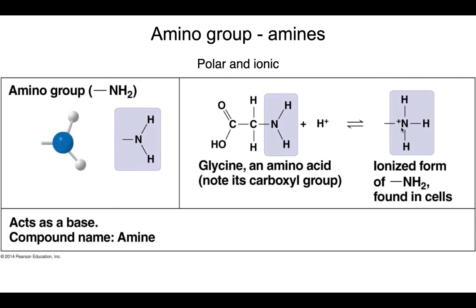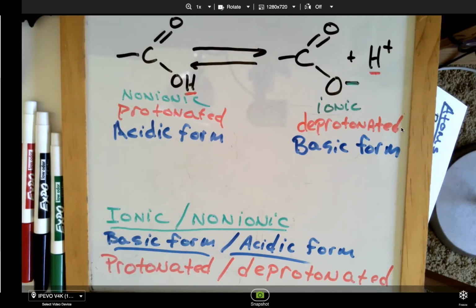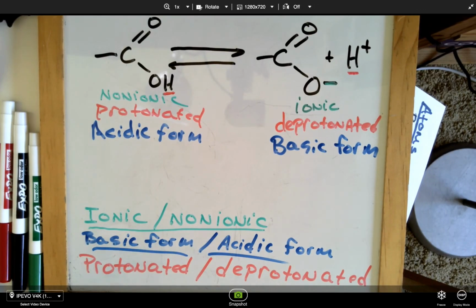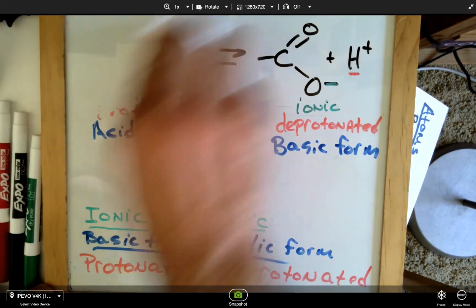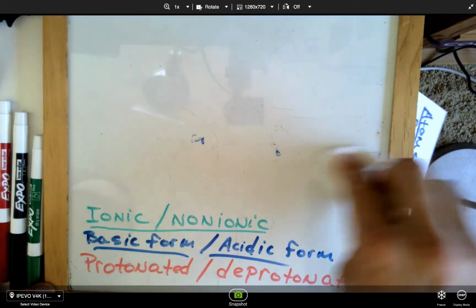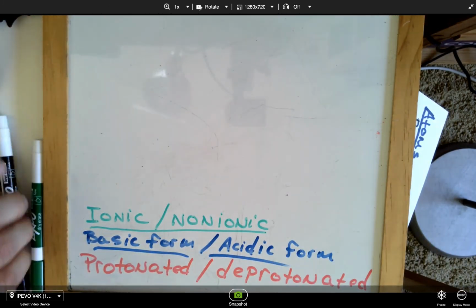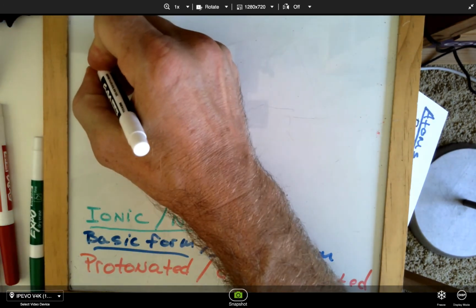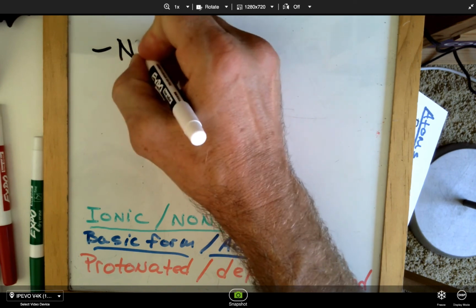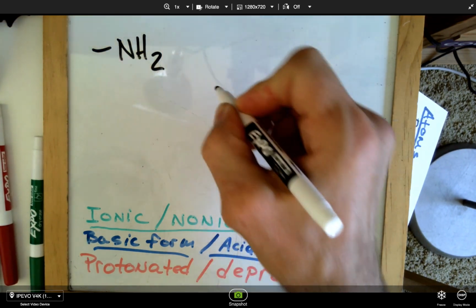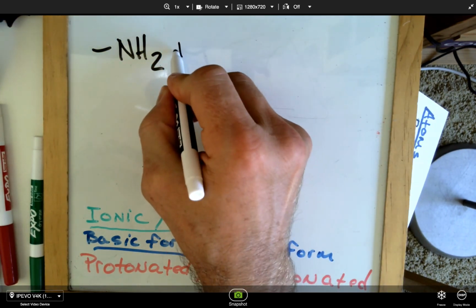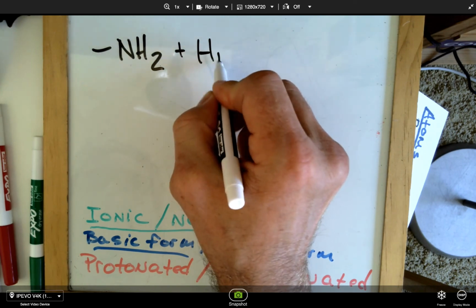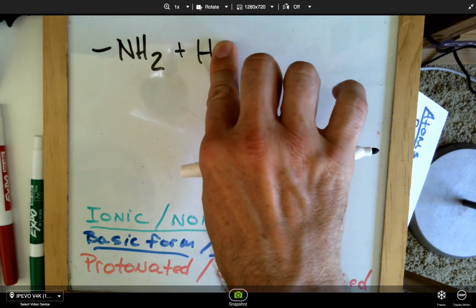So let's do the same thing that we did for the carboxyl group for an amino group. So I'm going to come over here, and then I'm going to erase all this. Let's go ahead and write NH2 plus an H plus. Whoops, that plus is in the wrong place.